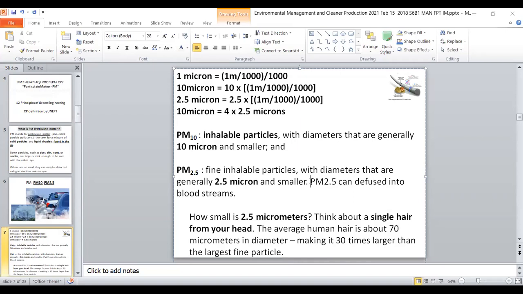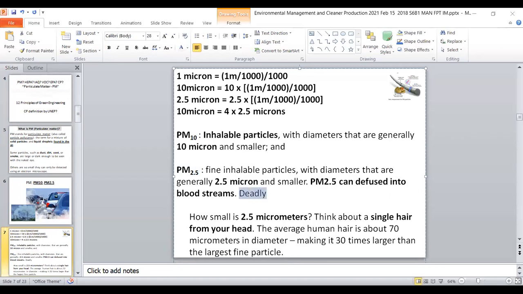That's why PM 2.5 appears separately from PM10. PM10 is inhalable, but not all inhalable particles go to the bloodstream, while PM 2.5 can go into the bloodstream. So PM 2.5 is more unhealthy.